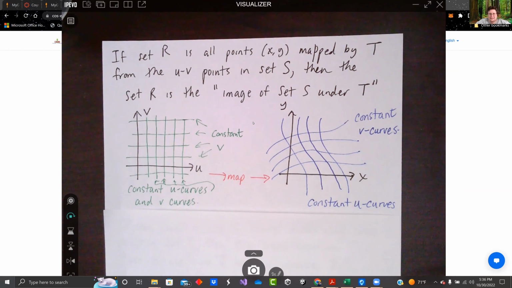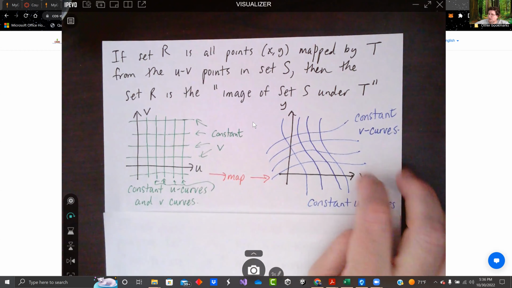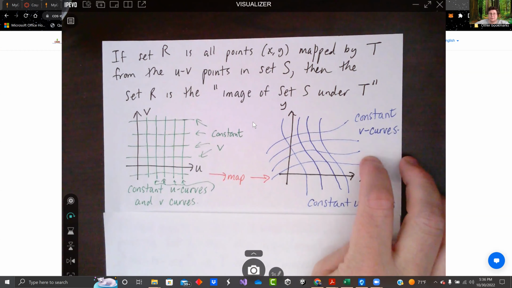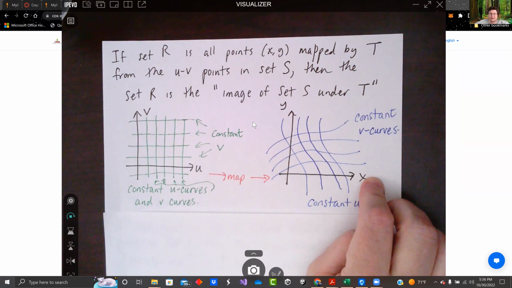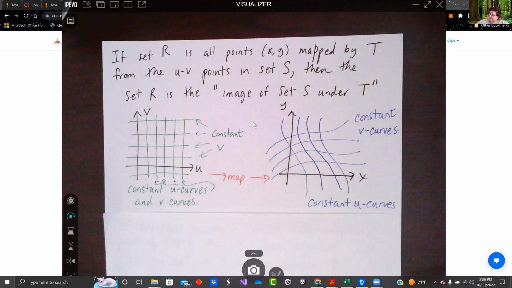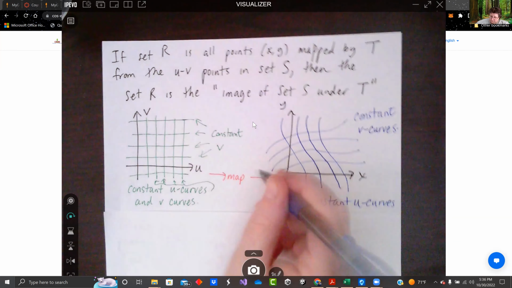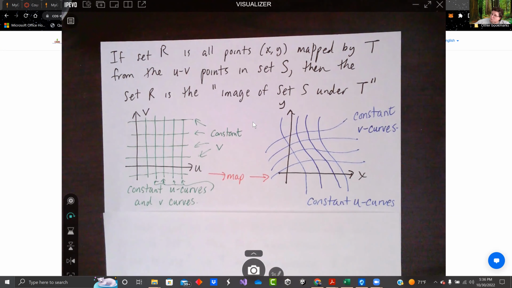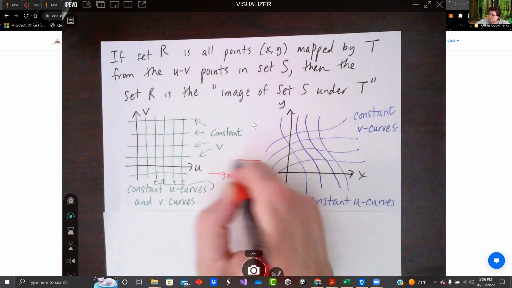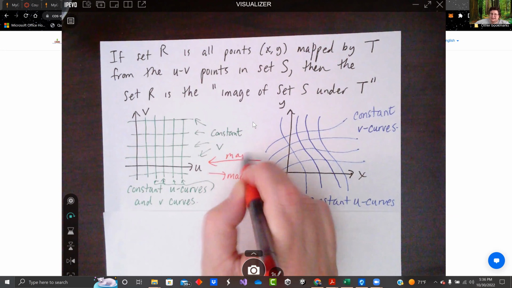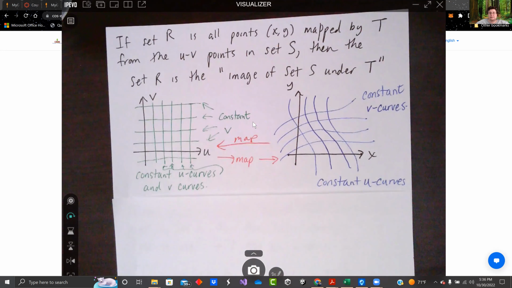But one way of looking at it is we could have constant curves. They may be straight lines in the uv plane, but when we map them over to x and y, they're crappy looking. And going vice versa, we map the other direction. We can map crappy xy stuff over into nice straight uv lines.